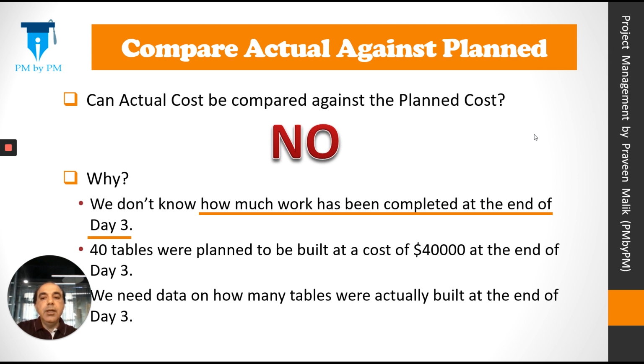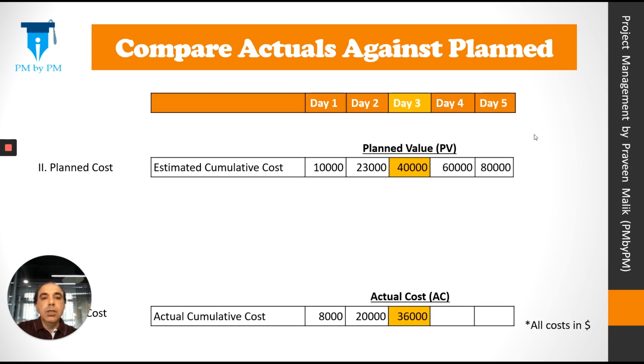We need data on how many tables were actually built at the end of day 3. Unless and until we know how many tables were built, we cannot compare actual against the planned. So this is what we have. At the end of day 3, $40,000 were supposed to be spent, but we actually spent $36,000.